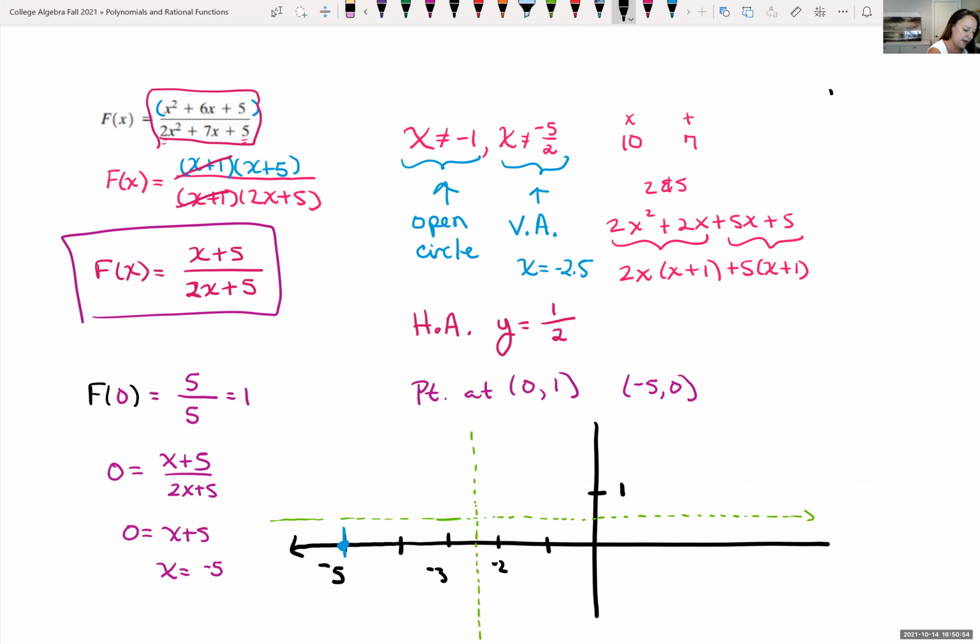Let's say plug in negative 3, wherever we saw an x, we would get negative 3 plus 5, which is 2, all over 2 times negative 3 is negative 6, and negative 6 plus 5 is negative 1. So at negative 3, I have a y value of negative 2.